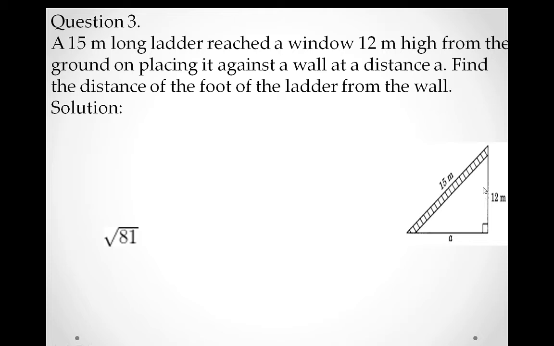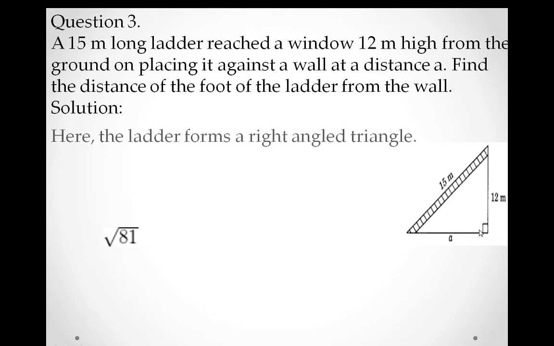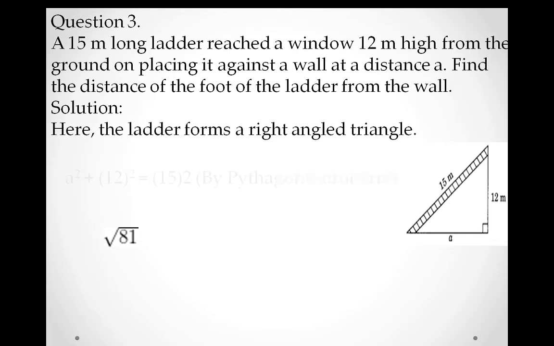So the height of the window from the ground is 12 meter. The length of the ladder is 15 meter, and the ladder is kept on the surface at a distance a. And you can see that the surface and the wall always make a 90-degree angle, that is a right angle. So here the ladder forms a right angle triangle.